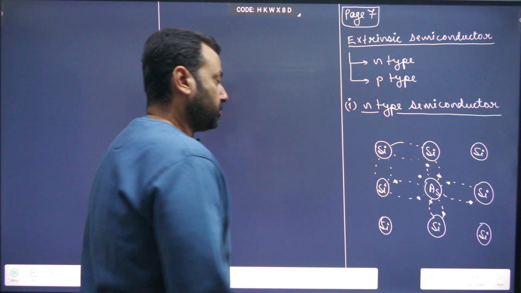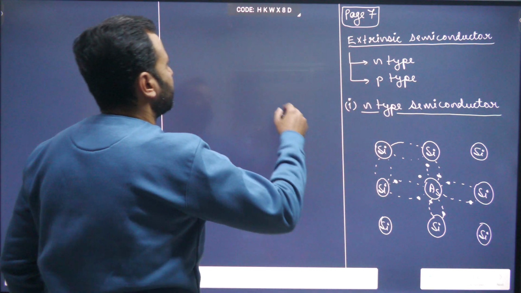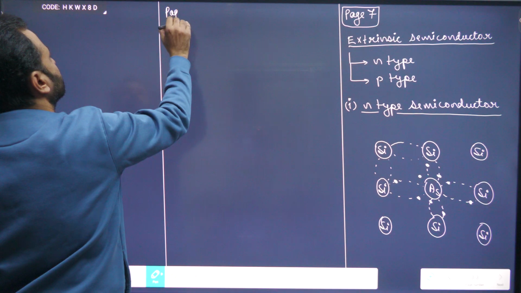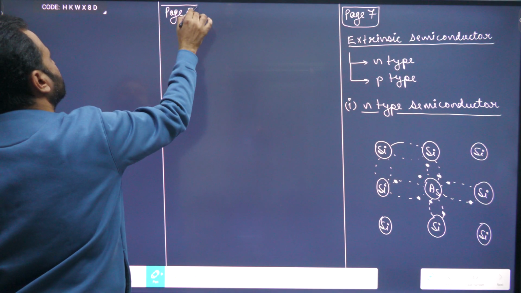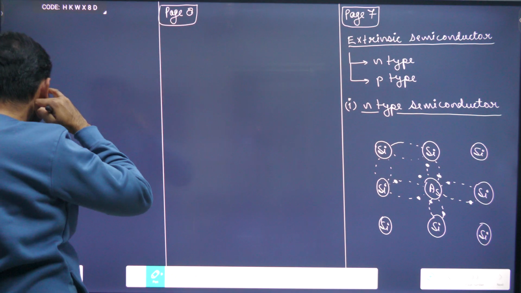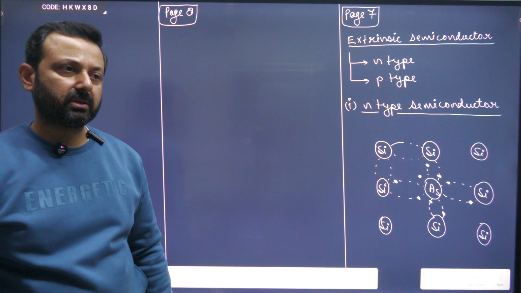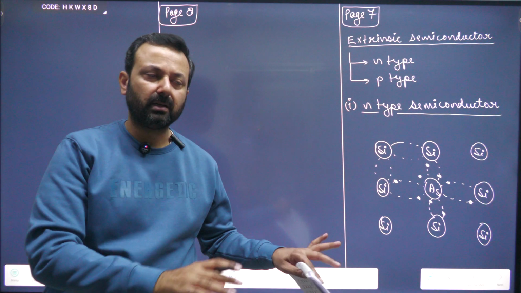So that's why in n-type semiconductor, electrons are called majority charge carriers. Majority charge carriers means, in a semiconductor, holes also move from one place to another to carry current.